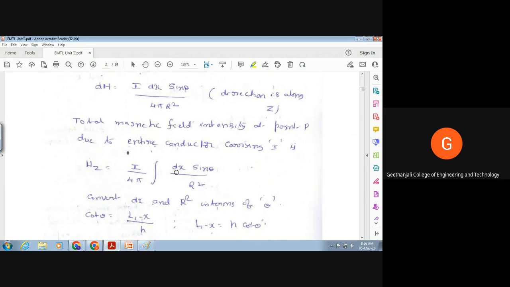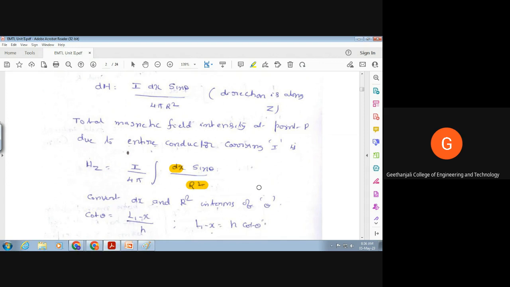So what we can do is, if you can write this dx and r square in terms of theta, then you will have only one variable and you will be able to perform the integration. Remember that in order to perform the integration, there has to be only one variable. So let us try to write dx and r square in terms of theta.